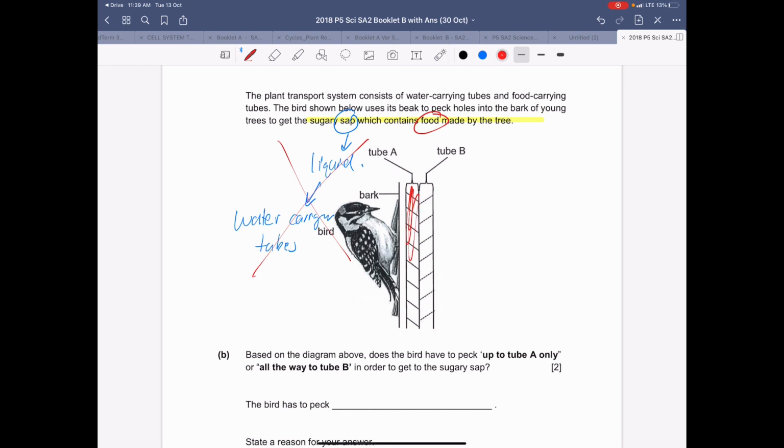So metal. Why? Because metal is a better, or is the best conductor of heat as compared to the rest of the materials.